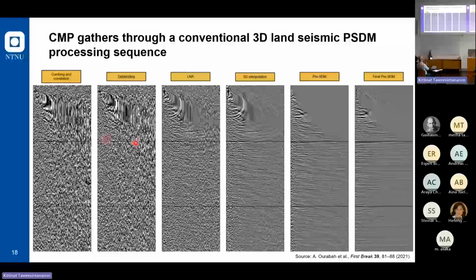And then you do some denoising, removing some linear noise, and you have some interpolation of missing traces, do some migration, and then you do some cosmetics to enhance the seismic reflectors before stacking. So you can see that it starts from very complicated and very noisy data, but you need some mathematical or computational tools in seismic processing to get the final product.